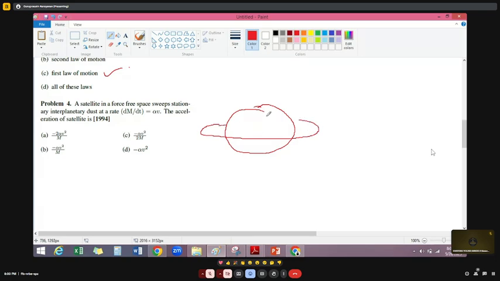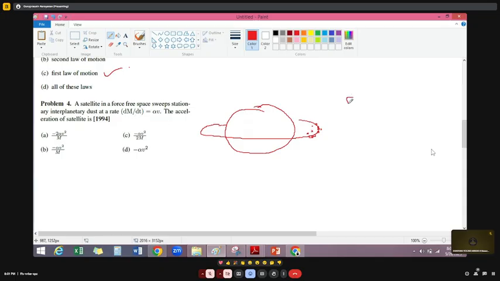When the satellite is going around it, there will be a lot of interplanetary debris, like dust. So it will be gathering some dust from this region. In other words, it will slow down the satellite a little bit because of the interplanetary dust. So what this means is it is gathering some mass.